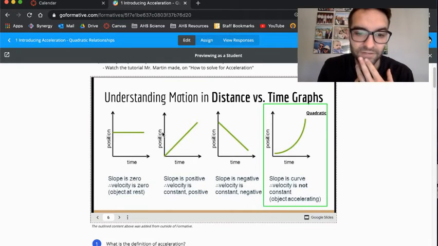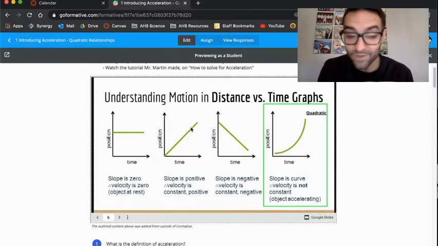Now, this one, with distance versus time, constant velocity, whatever the rate is, will be moving in a straight pattern. You'll go this far for every second. And so you'll see that it's an equal and that linear pattern.